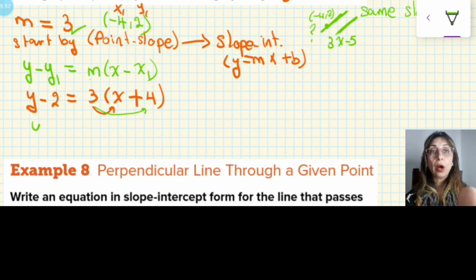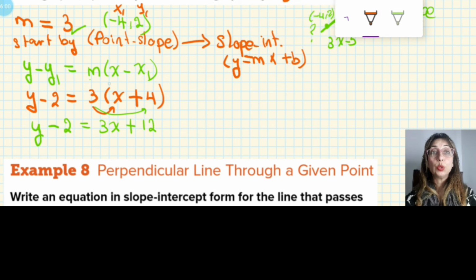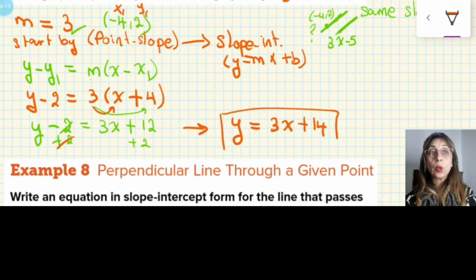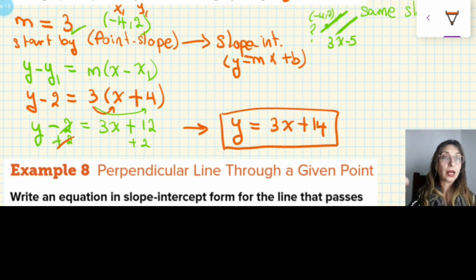So it will be y minus 2 equals 3x plus 12, and after that I add 2 to both sides to get rid of the 2 here, and this gives me y equals 3x plus 14. This is the equation of the line that is parallel to the first line, written in point-slope form and then slope-intercept form.